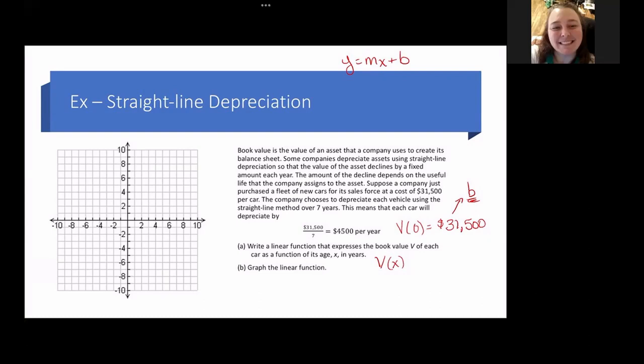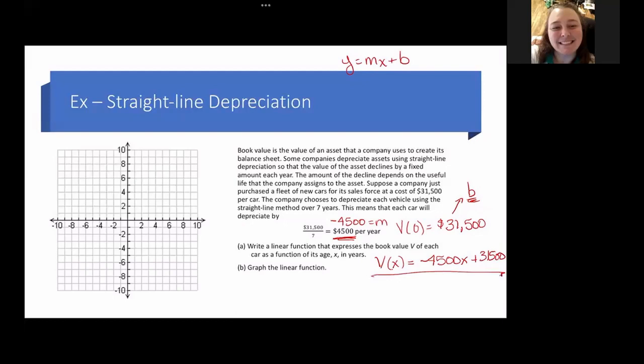So we're going to say the car loses $4,500 per year. So it's going to change by negative $4,500 per year. That's going to be our slope. We're going to slide down the slope $4,500 per year. So we've got our y equals mx plus b.